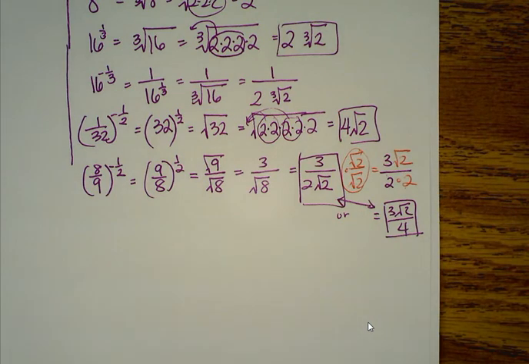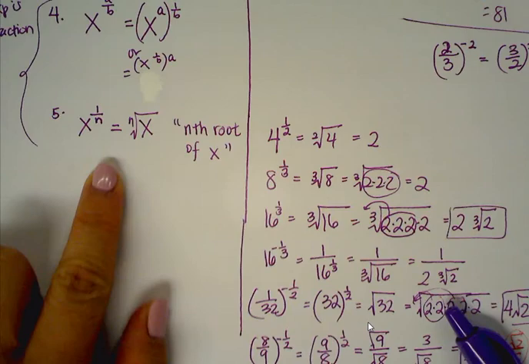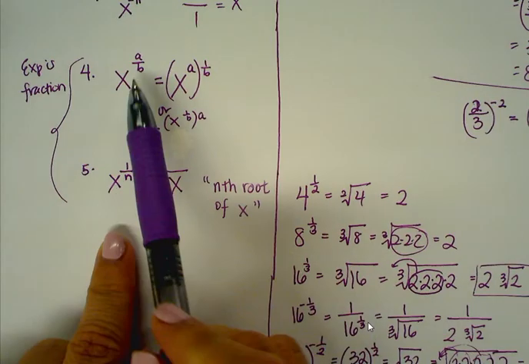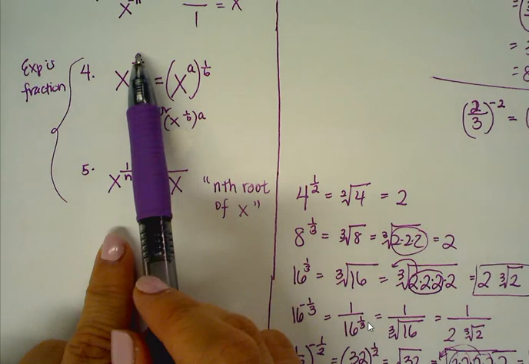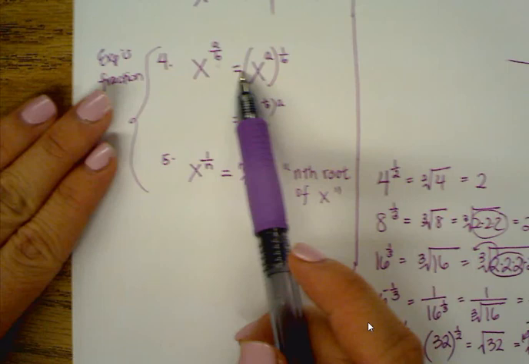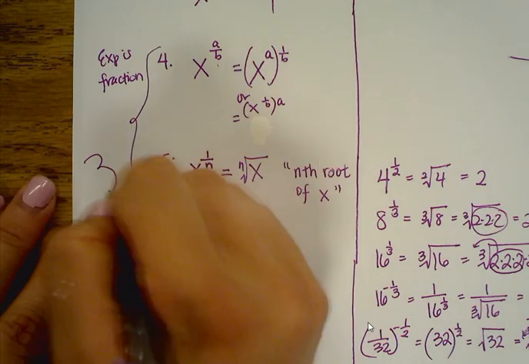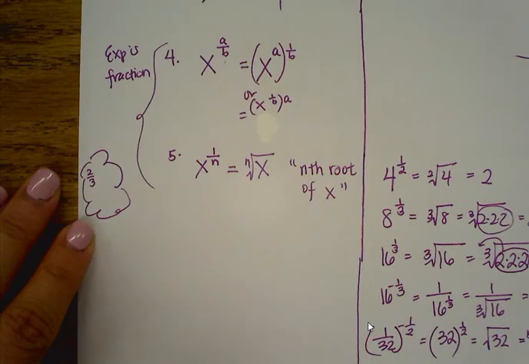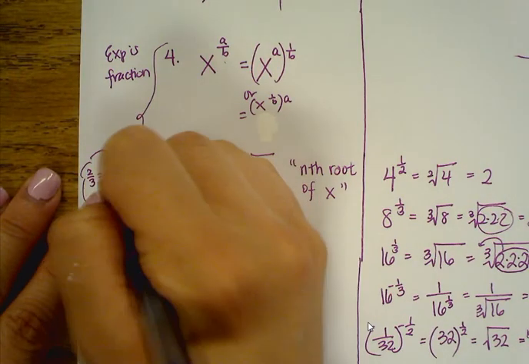All right, is that cool, guys? Now that we did the nth root, what if not only is it 1 over n, but this exponent has a numerator and a denominator? On a side note, if I have 2/3, do you agree that that's 2 times 1/3?